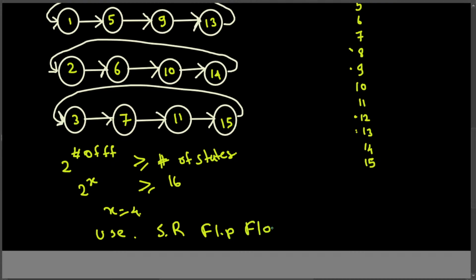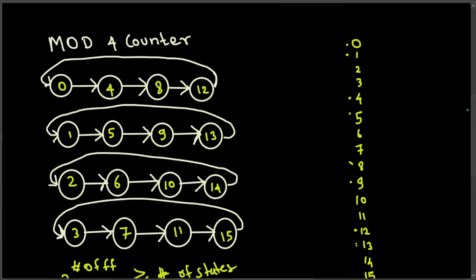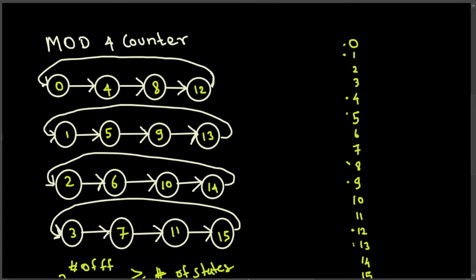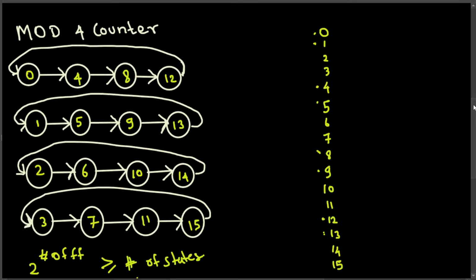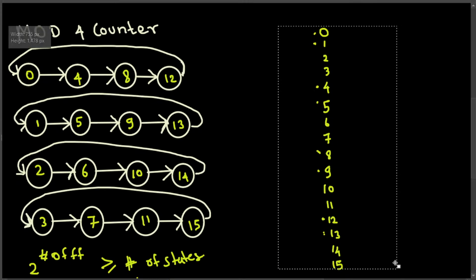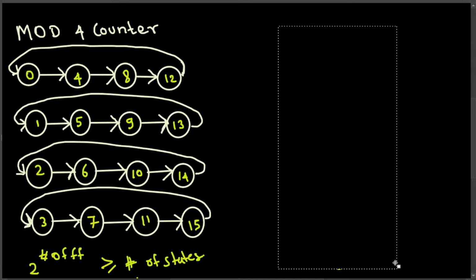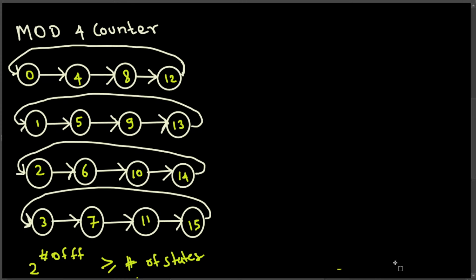Okay, so first we have to write the truth table for this. I'm going to use this space right here, better to do it next to the diagram so you can see what's happening. I'm going to erase this. First we are going to create the table.